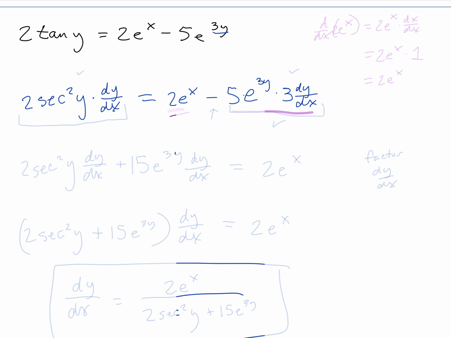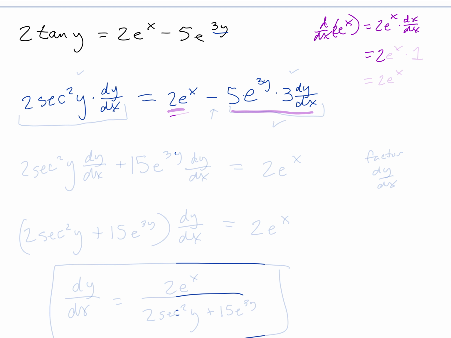One thing to note here, what's the difference between what's going on here and what's going on there? Well, first of all, there's not a 3, but also we didn't need to multiply by dy/dx. And that's because if we did think of the derivative with respect to x of 2e to the x as 2e to the x times the derivative of the inside, the derivative of x with respect to x, well, that's just 1.